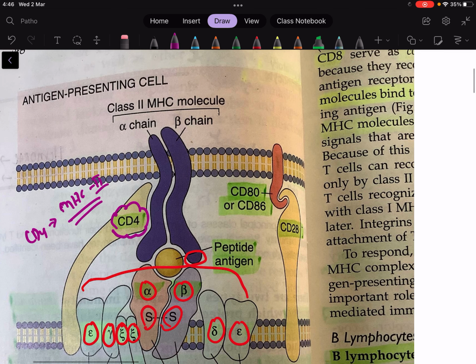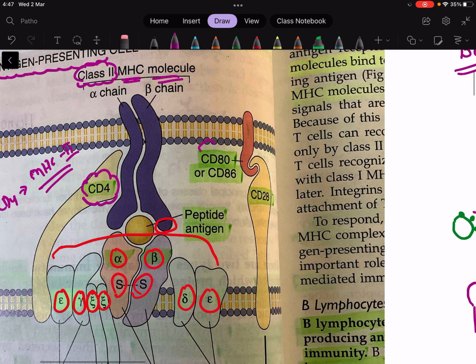So basically, suppose this is the antigen presenting cell and this is the plasma membrane of the antigen presenting cell. It is going to react with your class 2 MHC molecule. So antigen presenting cells will have class 2 receptors, MHC type 2 receptors, present on them.